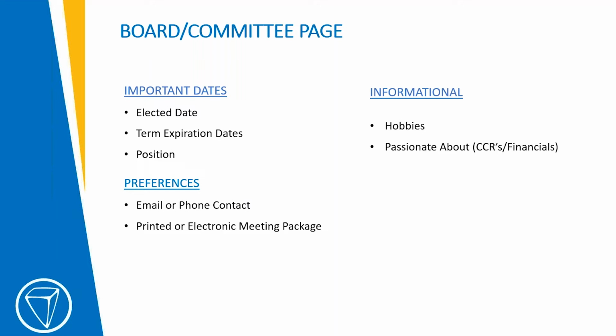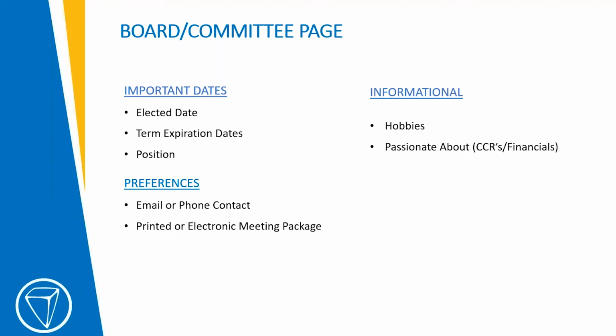Some people prefer email contact, some phone contact, so whoever jumps on there, if you say, hey, reach out to that person, they know that person likes a phone call or that person likes an email. And things like whether they want a printed copy or electronic copy of their meeting packages.